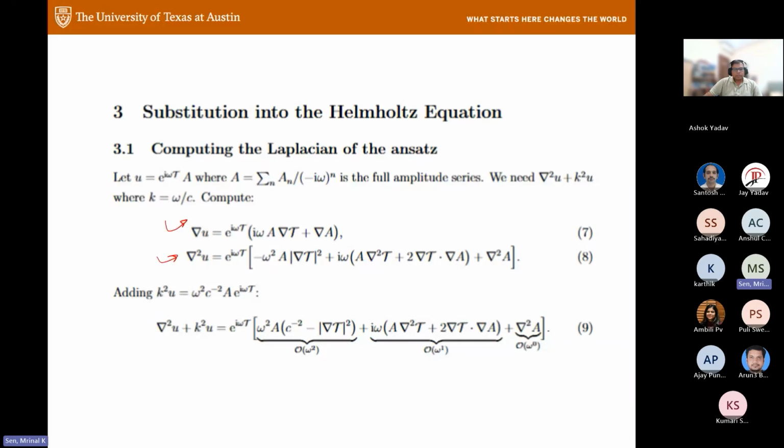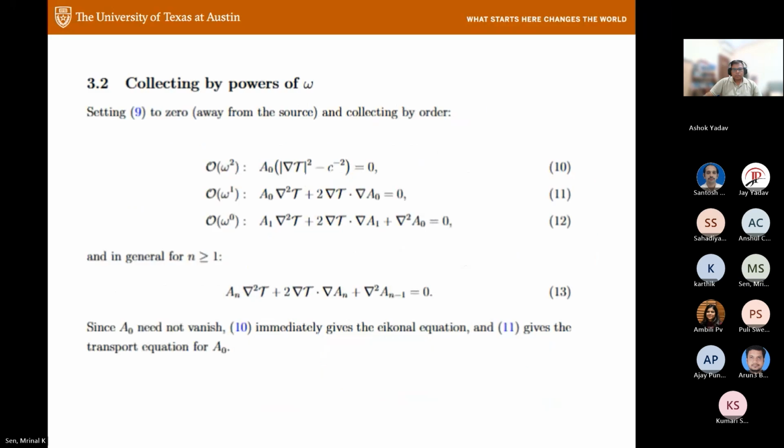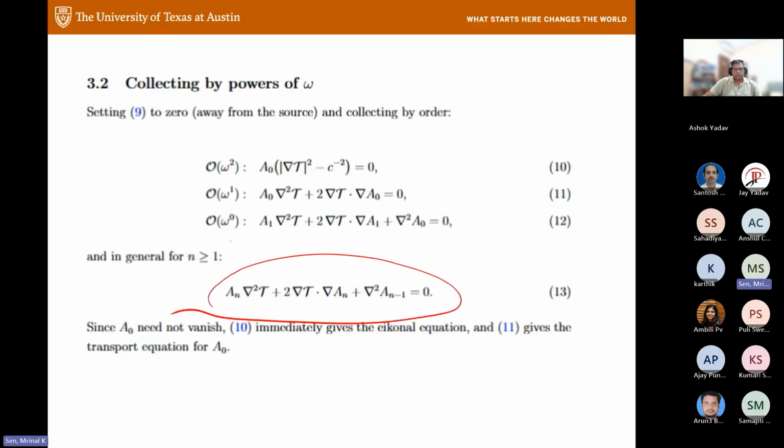These are of the order of omega squared. Now, collecting all powers of omega, omega squared, omega 1, and omega 0, and ignoring high order terms, we have this equation.